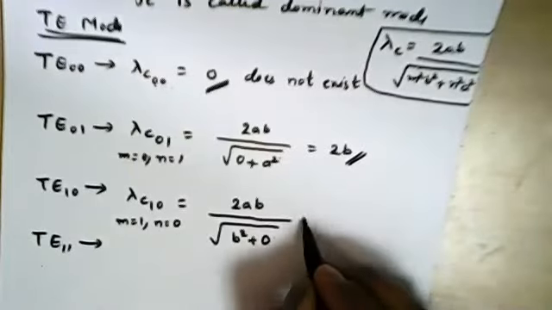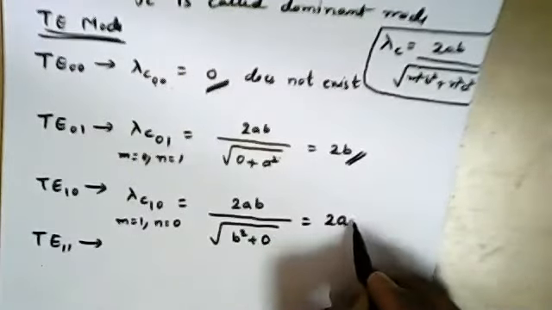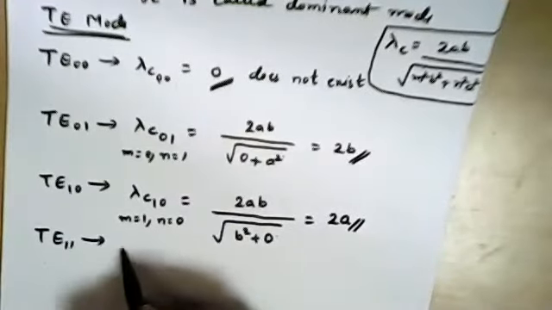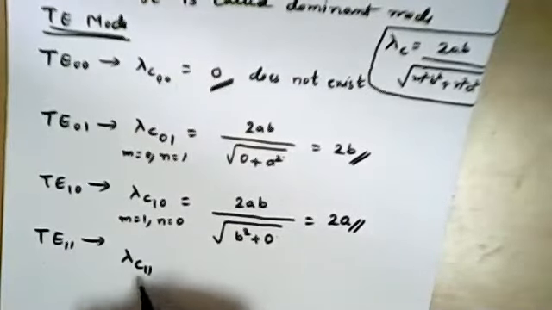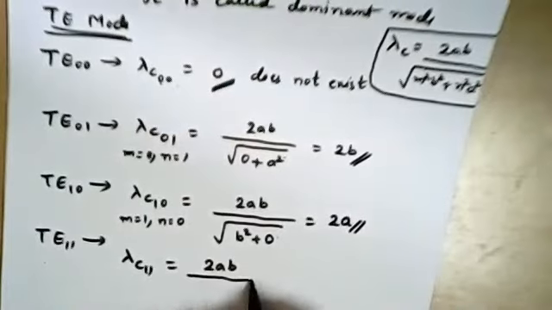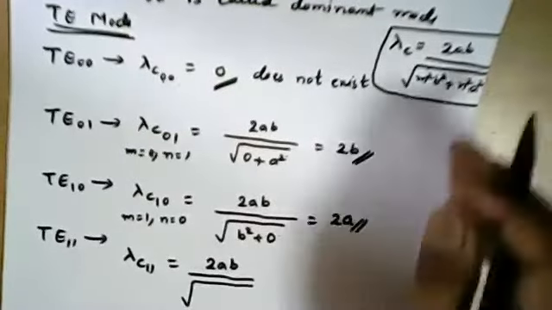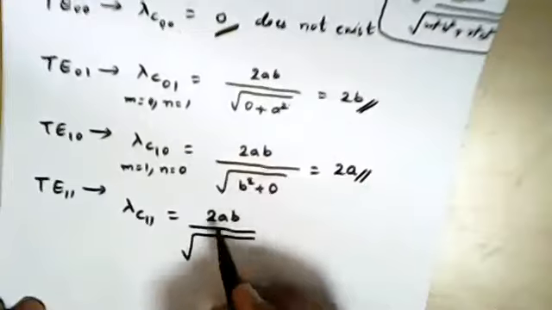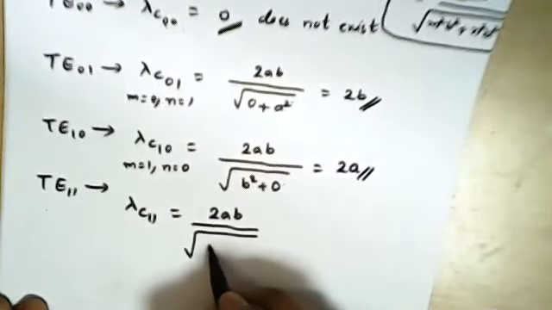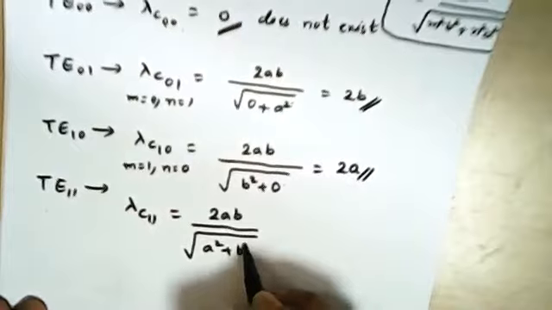Then we will get the value 2a. And the last one, TE11: when we calculate the cutoff wavelength by substituting m and n as 1, we get the value as the square root of a square plus b square.